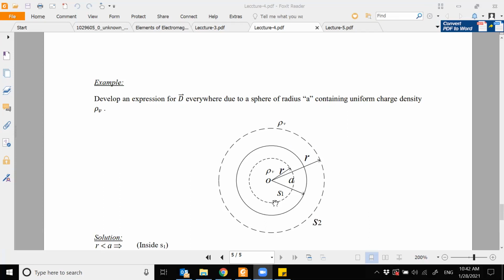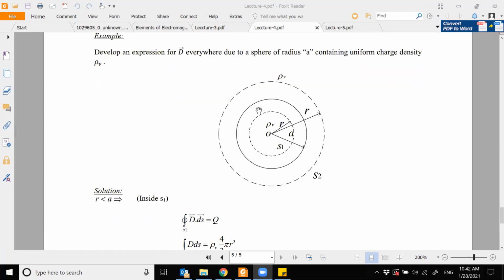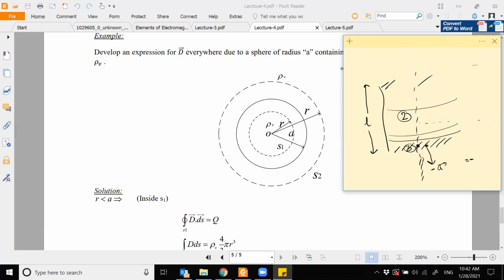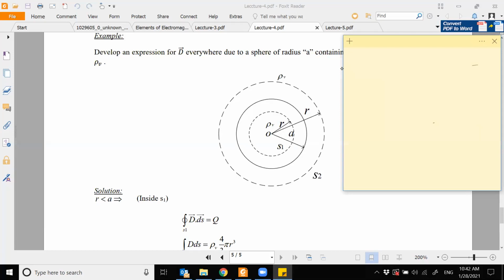So this is my sphere, and it has a radius of A, and it's a solid sphere.